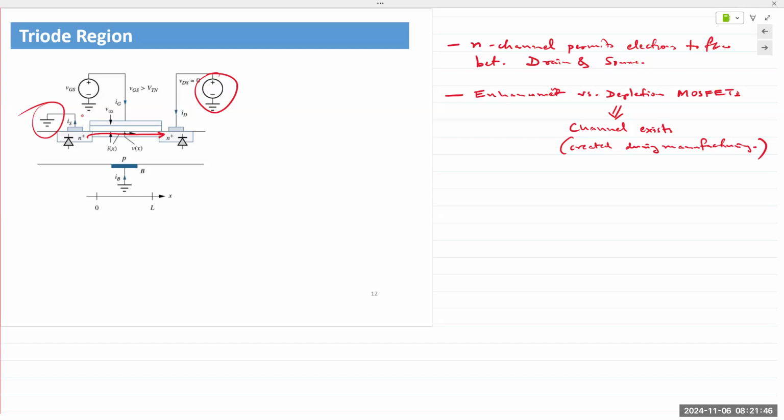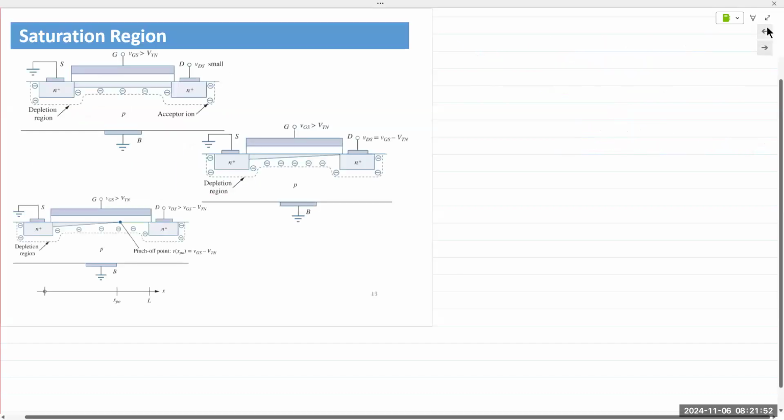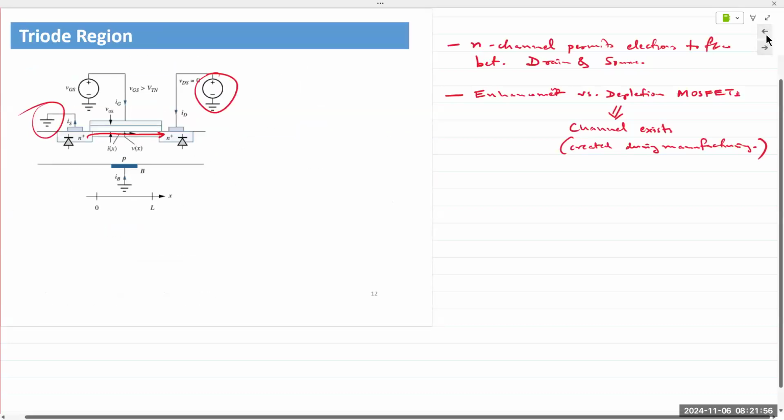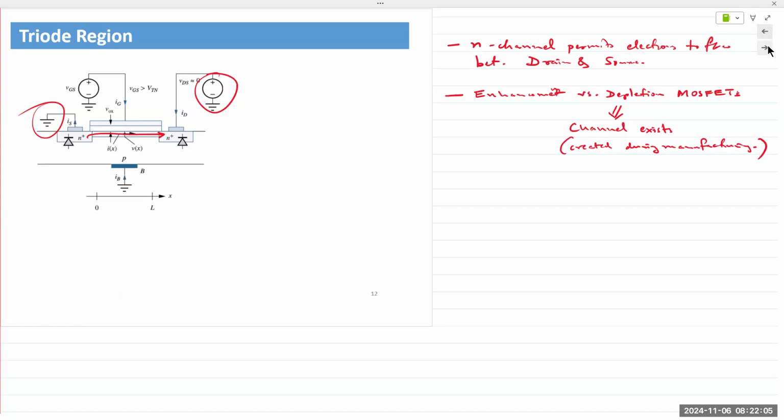Okay, so in the triode region, there are a couple of parameters. Let me just draw it out here.